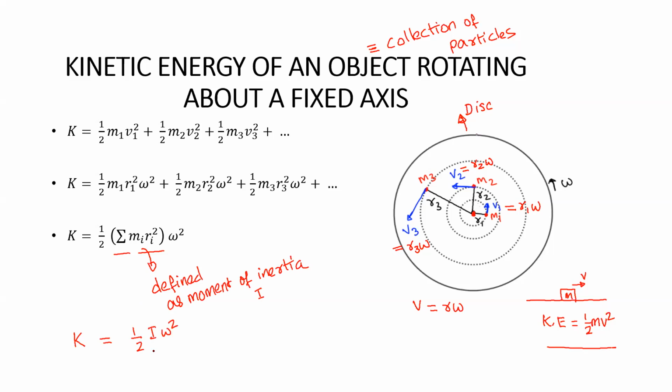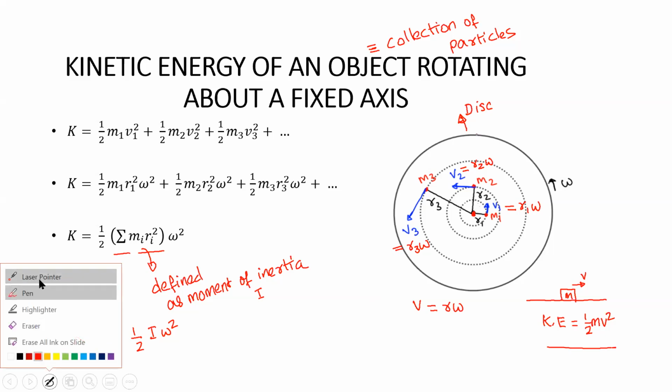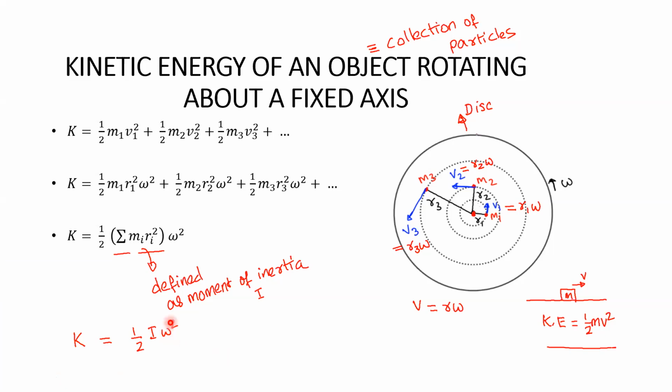When we talk about simple particles, we said if the particle has higher mass, then it is difficult to change its velocity. Even here, we can say similar things. If an object has higher moment of inertia, it will be difficult to change the angular velocity of the object. So there is a direct analogy.